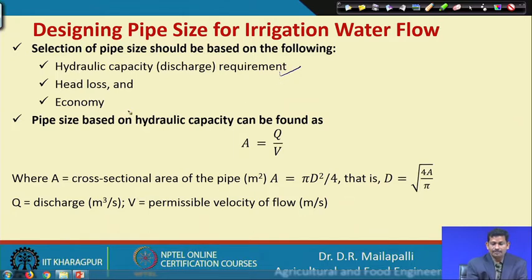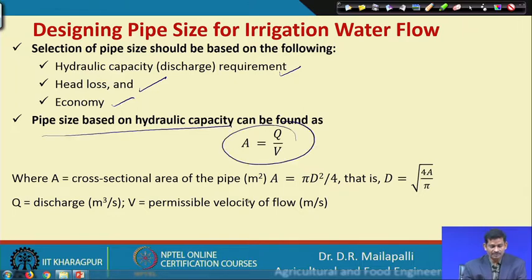So, what are the main parameters that need to be calculated in finding the size of the pipe? Hydraulic capacity, head loss and economy. Pipe size is based on hydraulic capacity, that is A is equal to Q by V. Since A is equal to pi by 4 d squared, substitute it here and you get the diameter, with Q the discharge and V the permissible velocity.